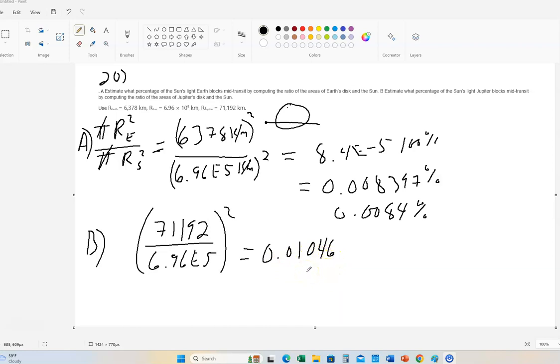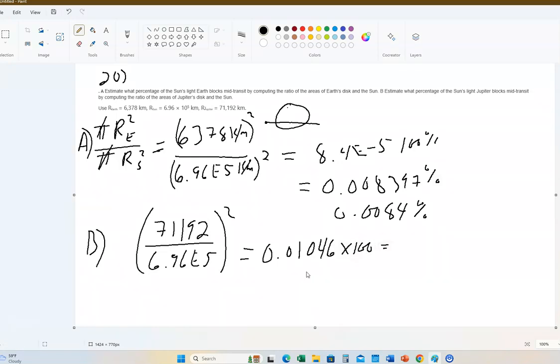Remember we have to get it into a percentage, so we multiply this times 100, which moves the decimal place 2 places to the right.